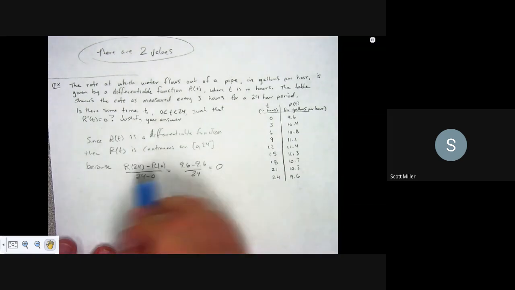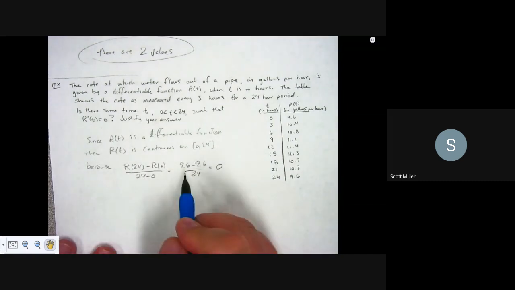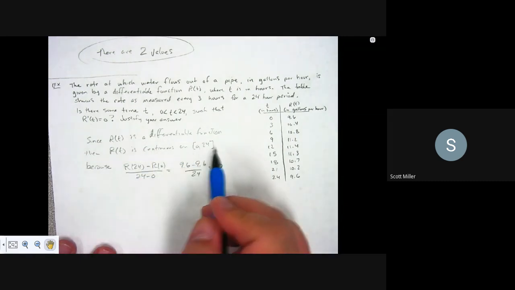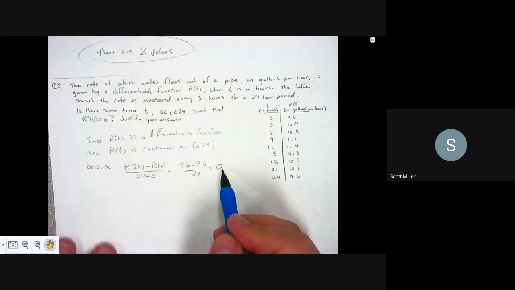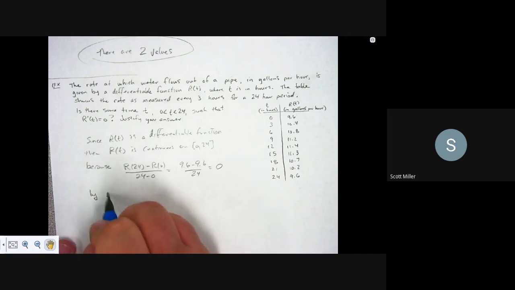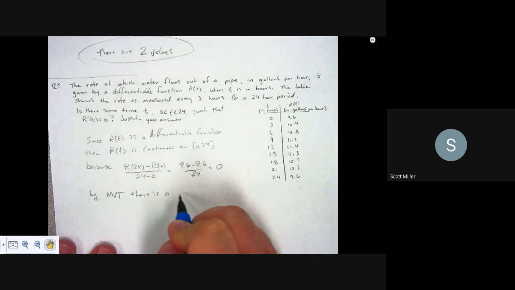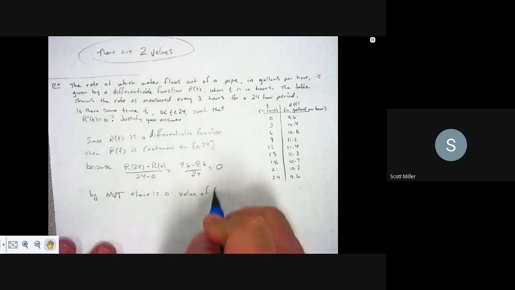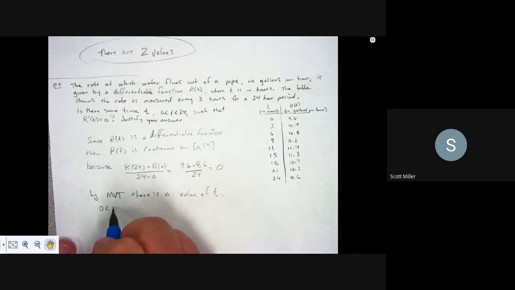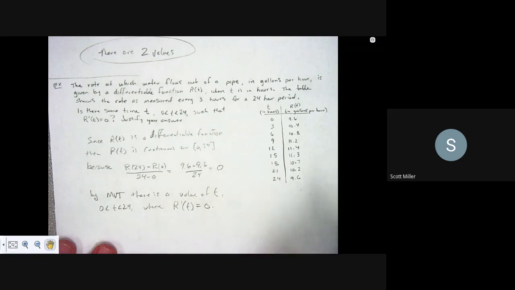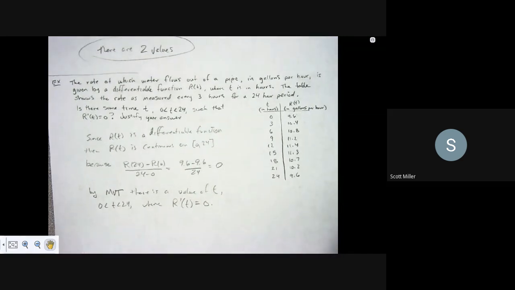So I now have the secant slope as 0. Because I have a differentiable function, continuous on the closed interval, and this secant slope is equal to 0, I can say by the mean value theorem, there is a value of t between 0 and 24 where R prime of t must be equal to 0. And that's how you can answer that question.